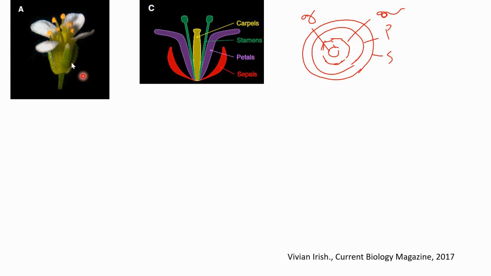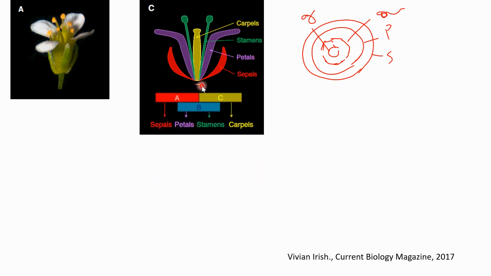Now, as I mentioned, there are different whorls of the flower. We know that every organ develops from meristematic cells, and a pool of meristematic cells gives rise to a specific organ.